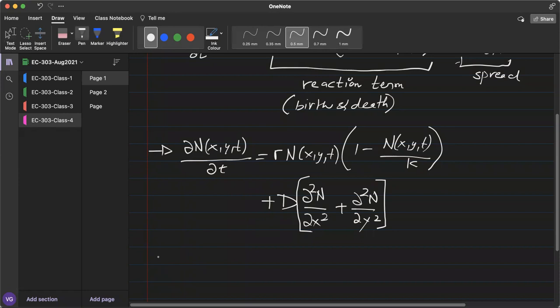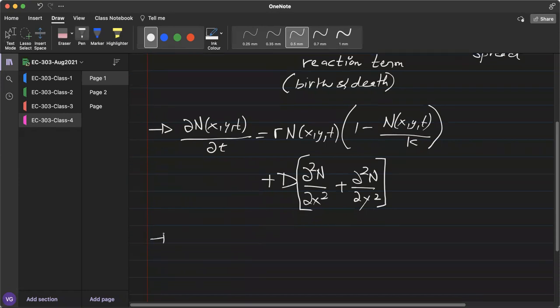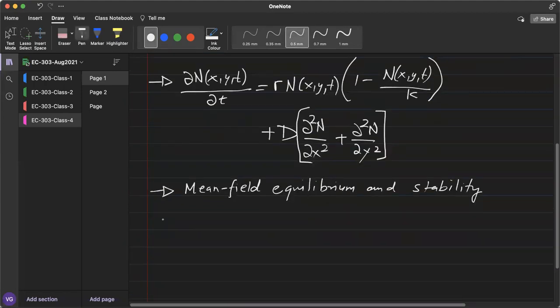Now, last time we also revised the idea of mean field equilibrium, which is what we basically studied in the entire previous semester course: mean field equilibrium and stability. So now we do know that for the logistic model we know the equilibrium and stability, right?